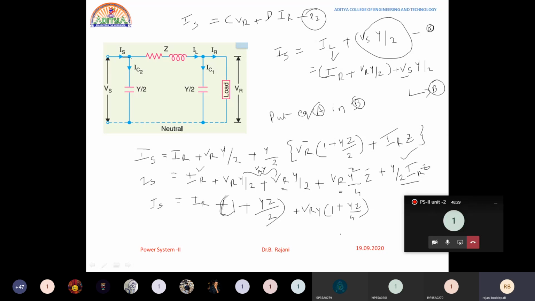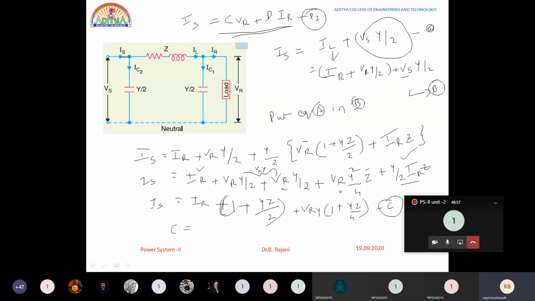This P2 equation is compared with the general equation. All of you look at me carefully. You will be getting C into VR. Compare this equation of C and P2.